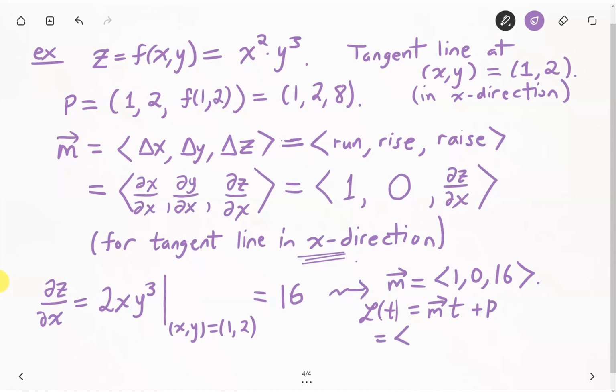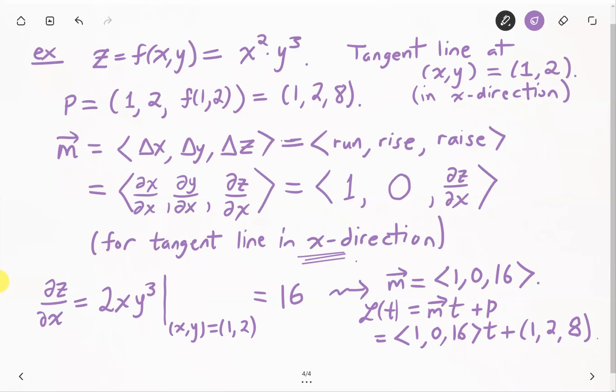We have all the information we need. That's 1, 0, 16 times t plus the point on the line, which is 1, 2, 8. And that's the equation of the tangent line to the surface in the x direction.